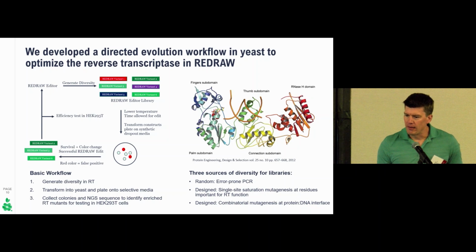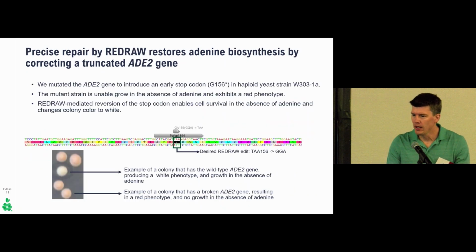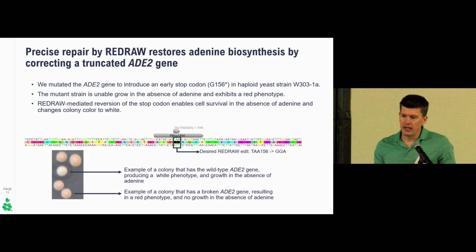We have 3 sources of diversity for our libraries. We can do the old school error-prone PCR approach, and then 2 different strategies for designed libraries: single site saturation mutagenesis or combinatorial mutagenesis with synthetic sequences. This is how the selection system works.